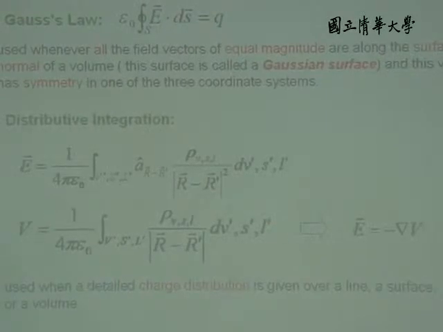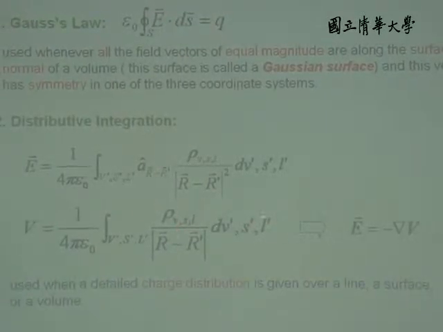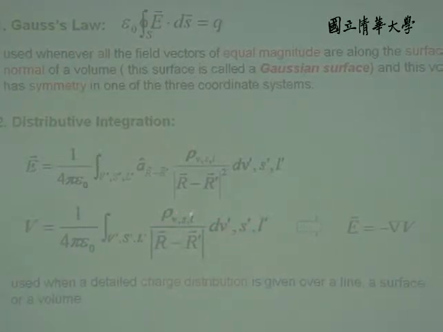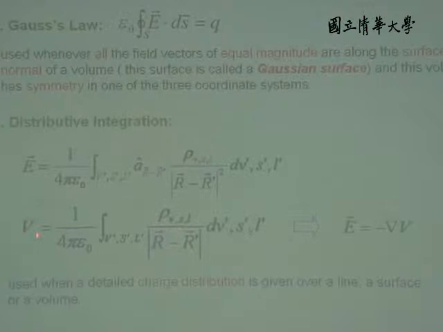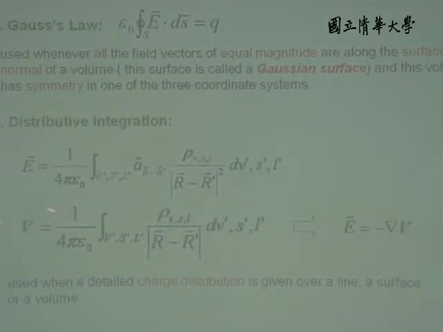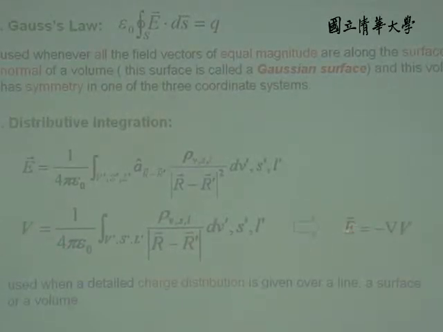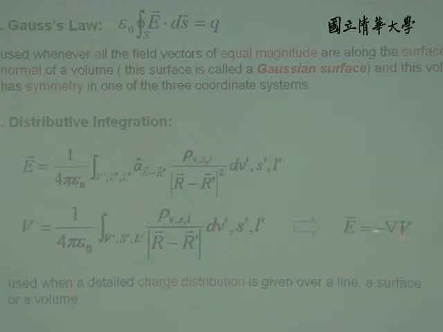This is pure scalar, so you just do a charge integration over the prime coordinate system, over the distribution of the charges, and then later on, once you have the electric potential, then you can calculate the electric field from this expression. So these are the two basic methods to calculate the electric field, okay? And very often, if you cannot find a symmetry, you have to do this and then take the gradient of V and put a minus sign to get your electric field.